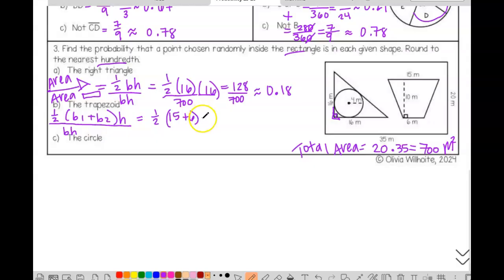And what is your height? 10. So 1/2 base 1 plus base 2 times 10, and then over base times height of the rectangle. We already know it. 700.